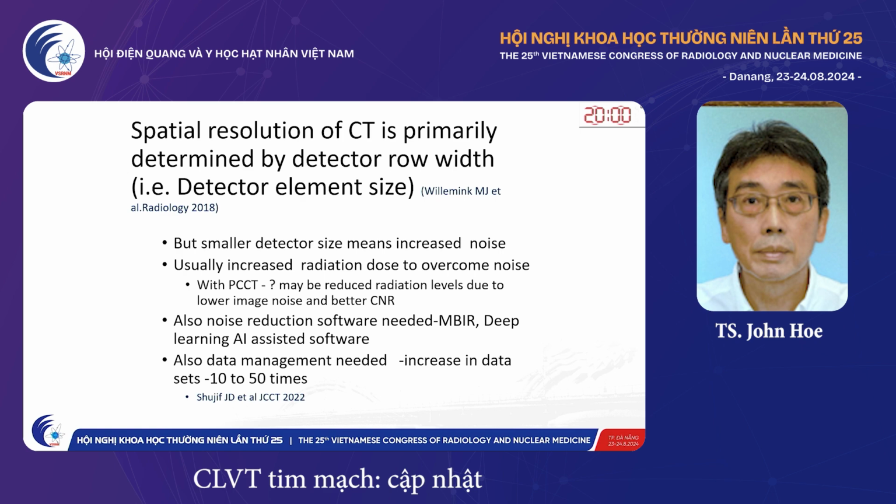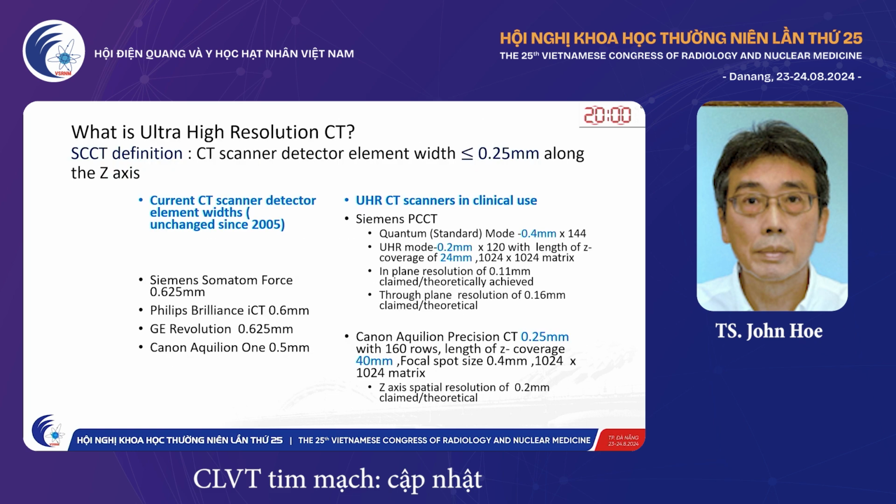With a PCCT, there may be a possibility to reduce radiation dose due to lower image noise and better contrast to noise ratios. Because of the increased noise, you also need noise reduction software, and at the same time, there is a huge increase in the data sets that are generated, so you need to have increased server space as the data can increase by 10 to 50 times.